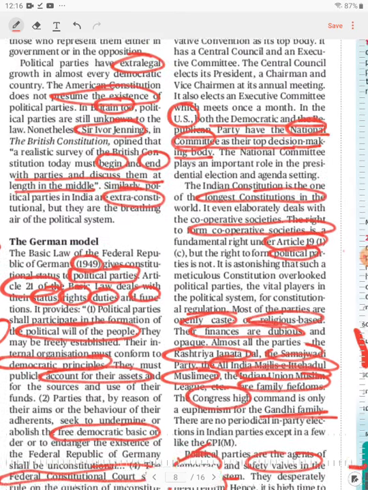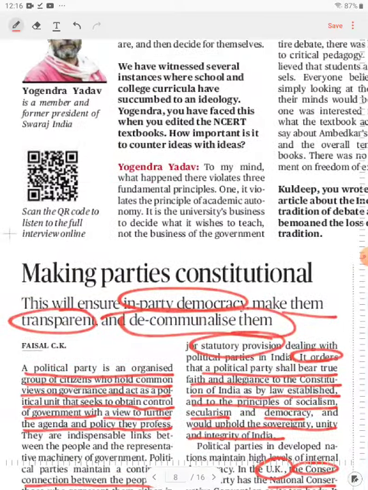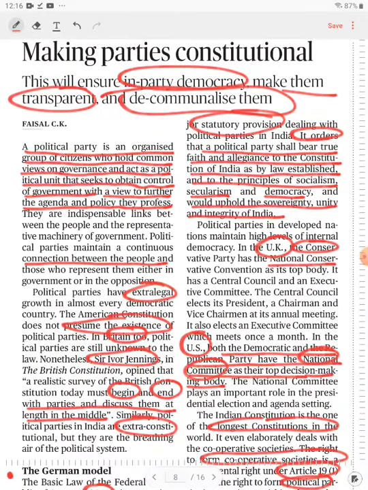I hope you have understood the importance of making political parties constitutional and why it is necessary. The essence is clearly mentioned below this topic: in-party democracy, transparency and decommunalizing are very essential, because we call India a secular nation. In order to achieve that, we must make the political parties constitutional.